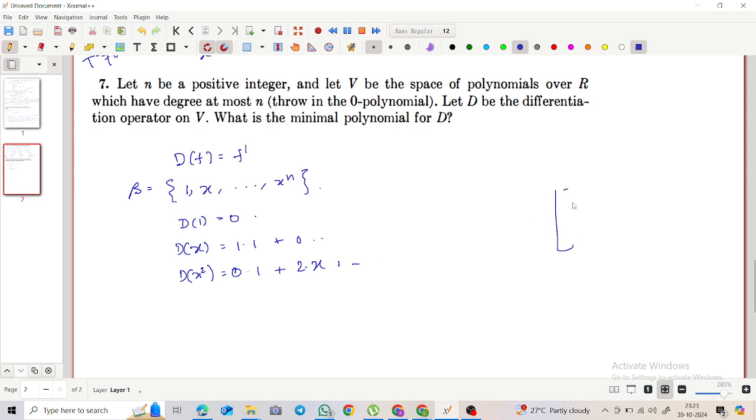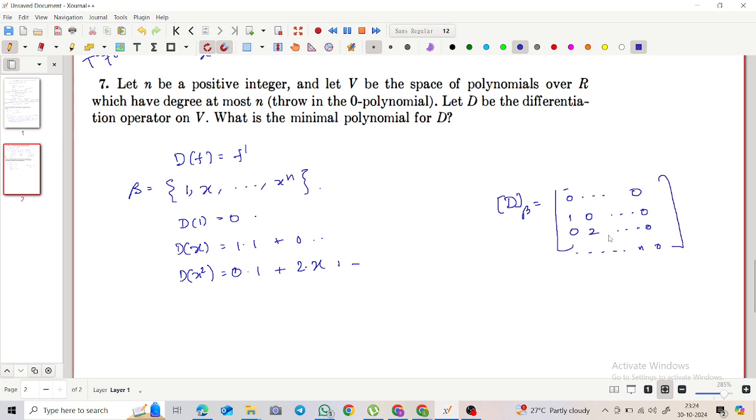So the matrix with respect to beta will be 0 0 0 0, 1 0 0 0, 0 2 0 0, and so on.